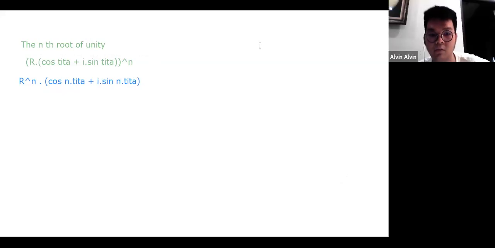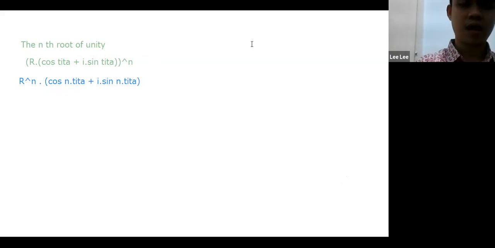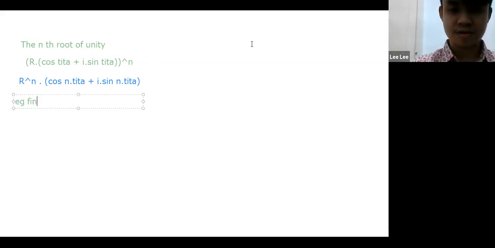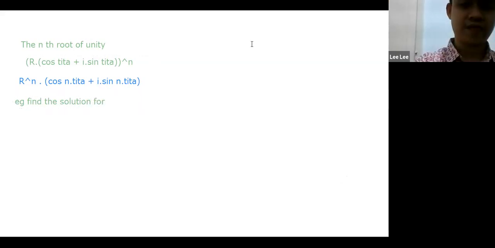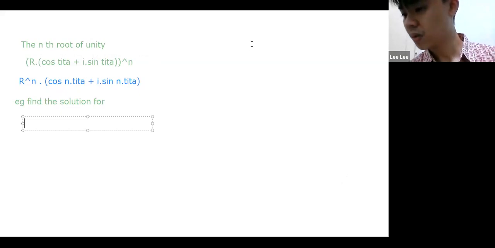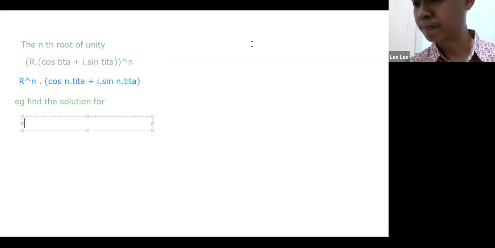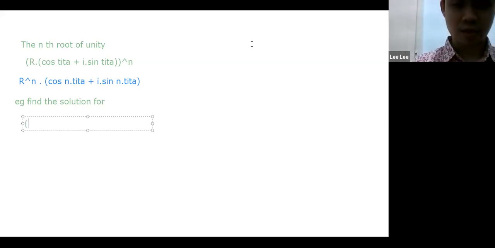So now we are going to discuss how to find the solutions. Let's say I need to find the solutions for negative 1 minus square root 3, to the power of 1 over 4.